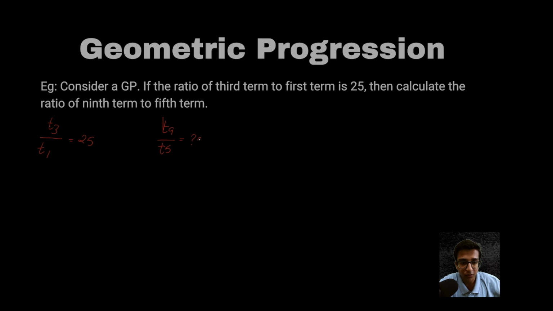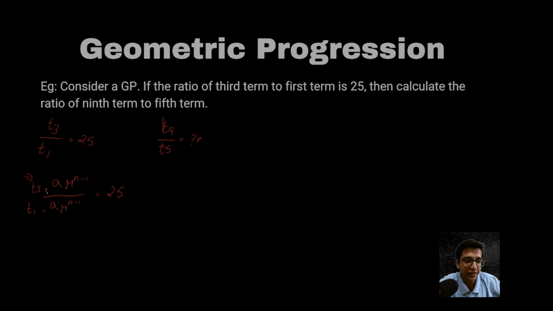This is what we have to calculate. So let us use the formula: A r to the power n minus 1 upon A r to the power n minus 1 is equal to 25. This is for the T3 and this is for T1.